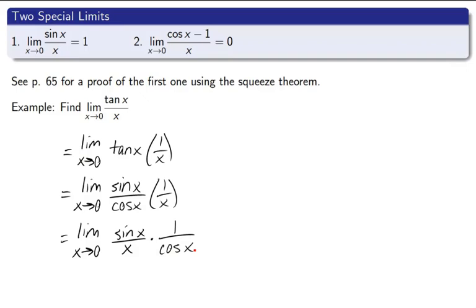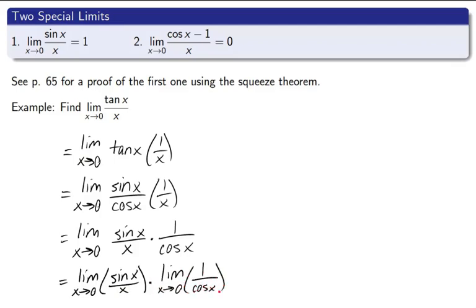And just to be careful, this is a product, so I'm using the limit law. I've got the limit of sine of x over x as one term. And then I've got the limit as x approaches 0 of 1 over cosine x. I did say that direct substitution works for the trig functions.